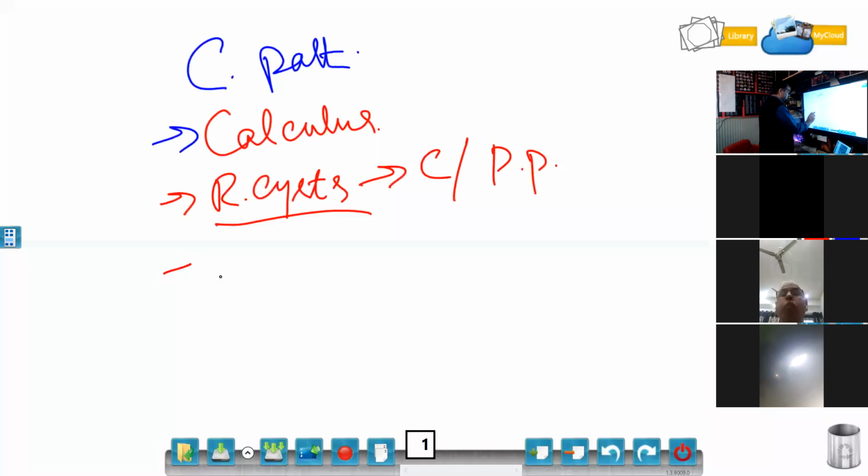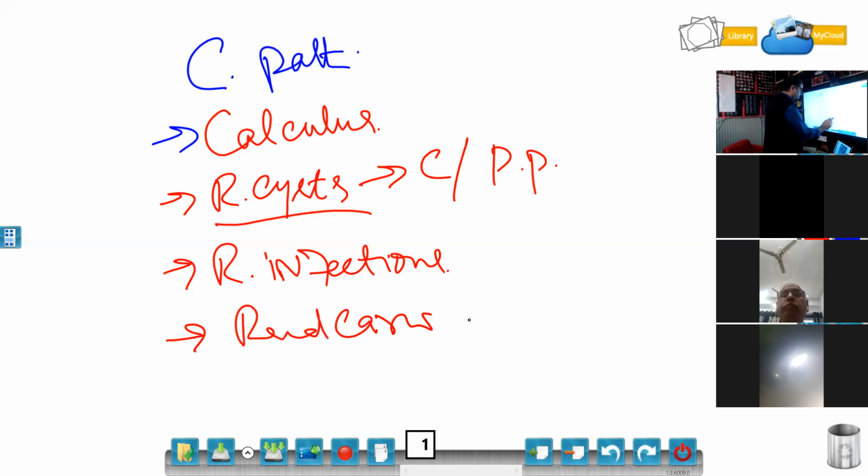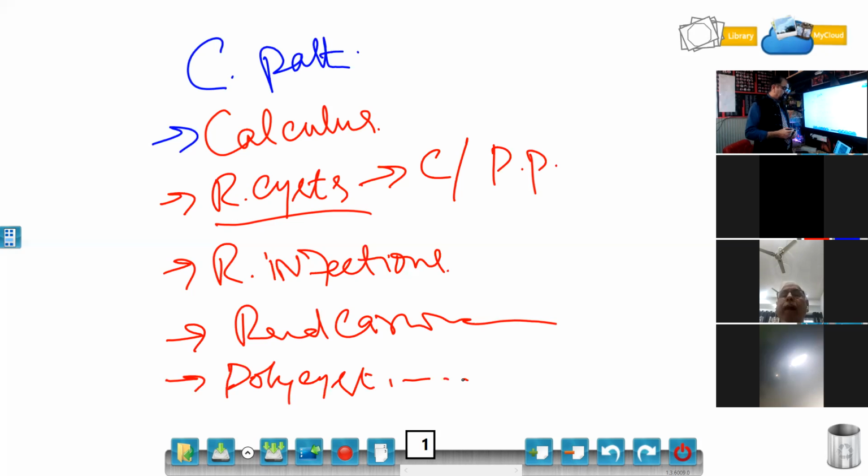Then renal infections, these pyelonephritis, etc. Then there can be renal carcinoma. And what else? There can be polycystic kidney. Now, these are the common pathologies which you can see in the kidney, and this is already discussed in great detail in your course.